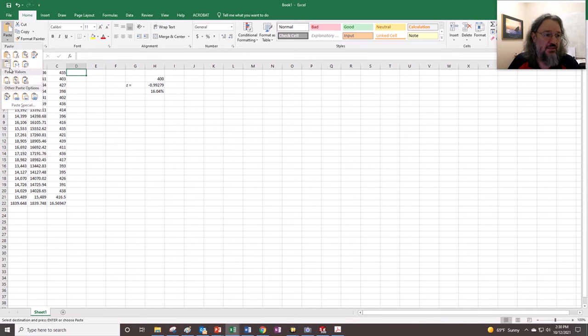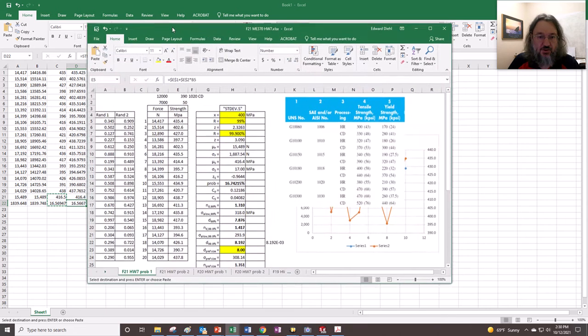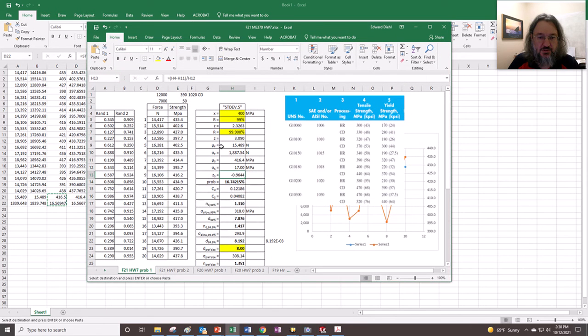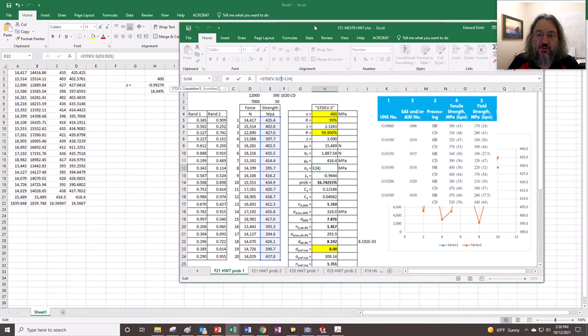I'll paste values next to it, and yeah, sure enough, I'm getting a different value right here than I am from this, and I don't know why. What am I doing differently? stdev.s, and that value from there.